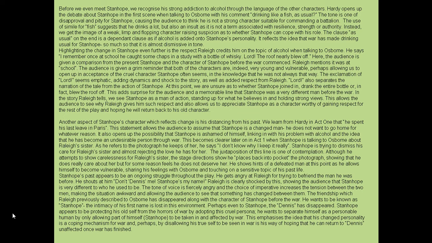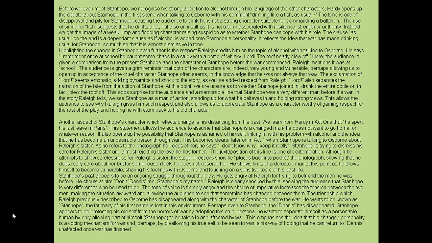The use of the simile "fish" suggests that he drinks a lot, but also works as an insult, as it is not a term associated with resilience, strength or authority. Instead, we get the image of a weak, limp and flopping character, raising suspicion as to whether Stanhope can cope with the role. The clause "as usual" on the end is a dependent one, as if alcohol is added into Stanhope's personality. It reflects the idea that the war has made drinking usual for Stanhope, so much so that it is almost dismissive in tone.